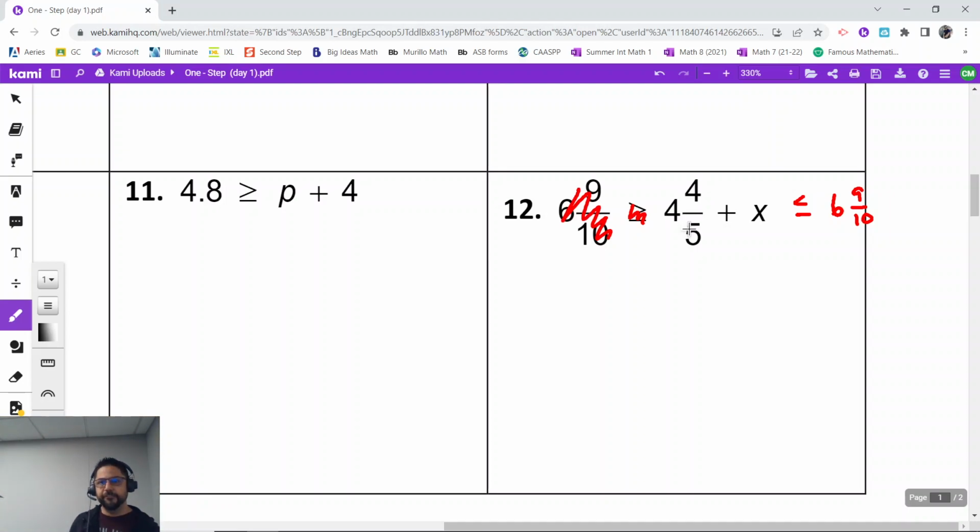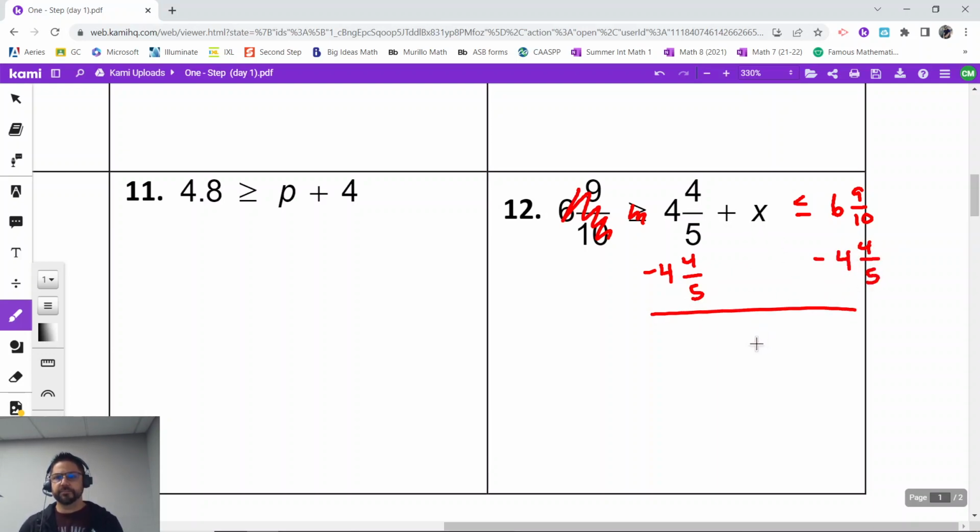Remember that 4 and 4/5 can be written with a denominator of 10. So I'll show that again in just a moment. So let's go ahead and subtract 4 and 4/5 from both sides. So that gives me x is less than or equal to.